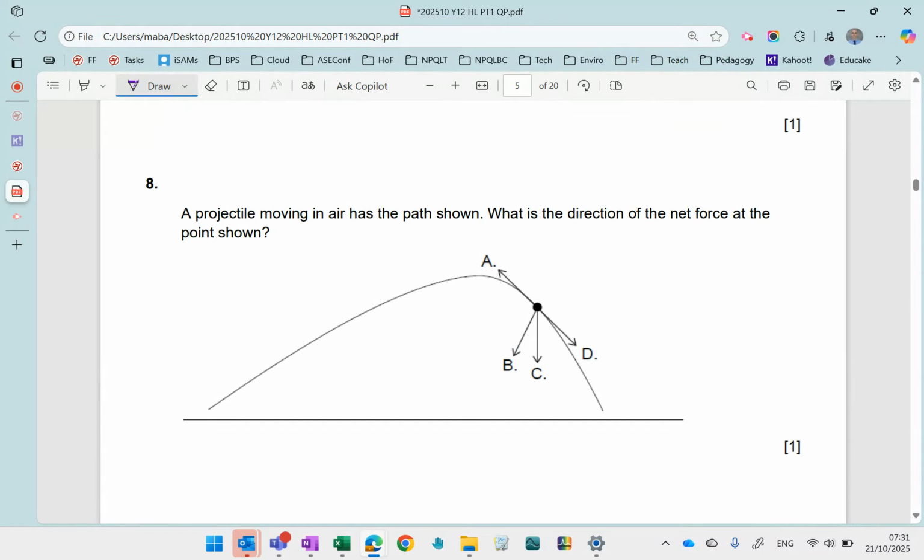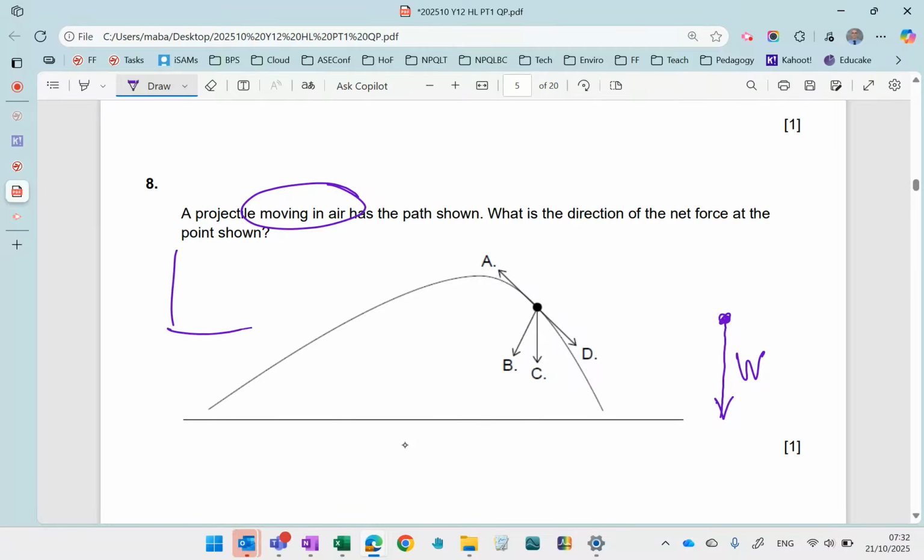A projectile is moving in air along the path shown. Which is the direction of the net force at the point shown? So we've got to think about what forces are acting on this thing. You're going to have weight downwards, and then we've also got air resistance.